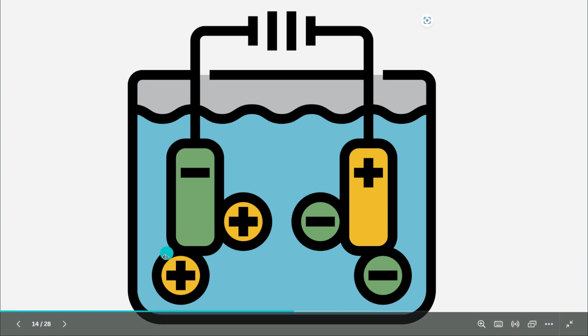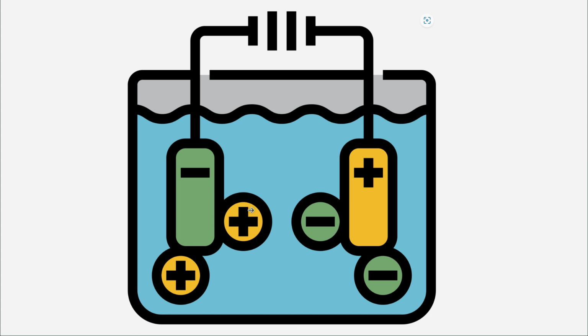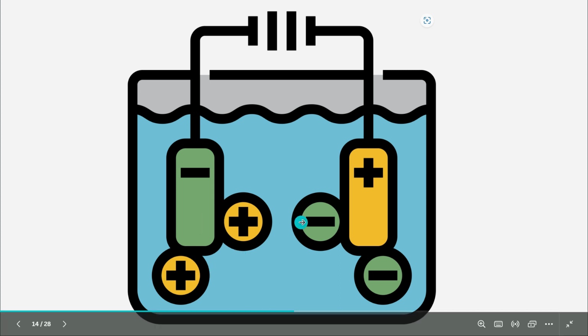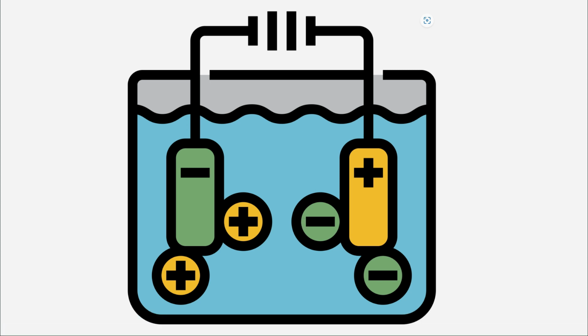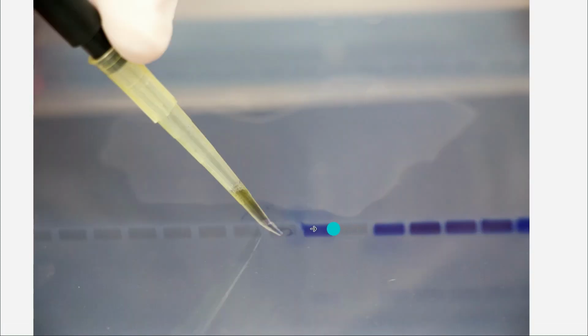So here you can see the particles with positive charge go and bind, or get attracted, to the negative charge of the instrument, whereas the particles with negative charge go and bind to the positive charge component in the instrument. And this is an agarose gel, and in this agarose gel wells are created, and inside these wells we add the mixture which needs to be separated.